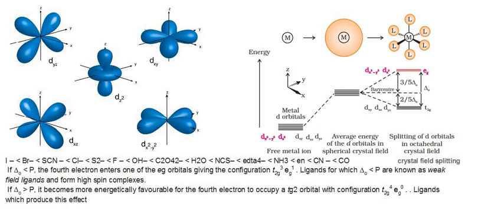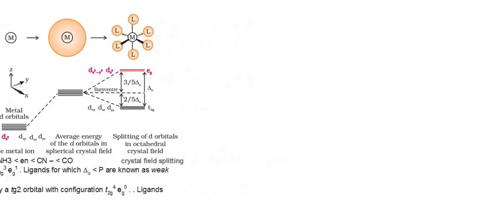Now this is all true for the octahedral complexes. So what about the tetrahedral complexes? Now let's understand the tetrahedral coordination entities. In tetrahedral coordination entity formation, the d orbital splitting is inverted and is smaller as compared to the octahedral field.